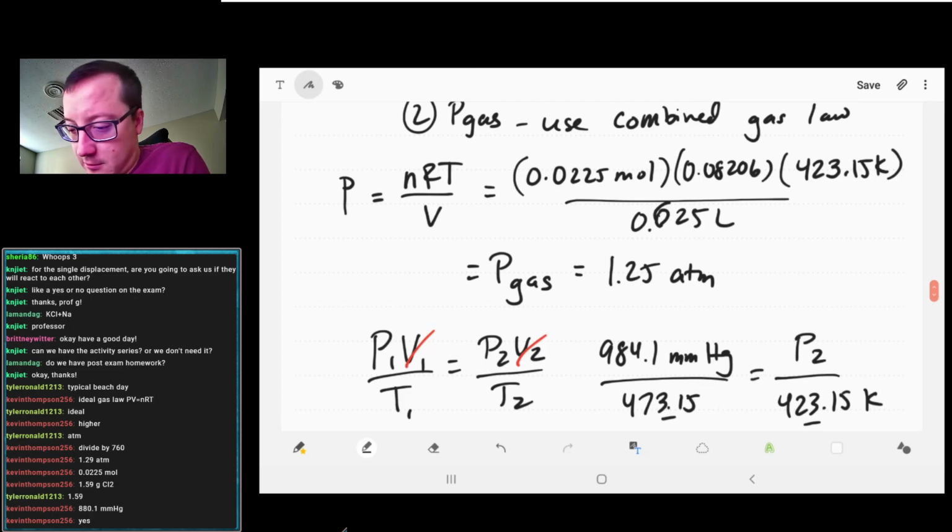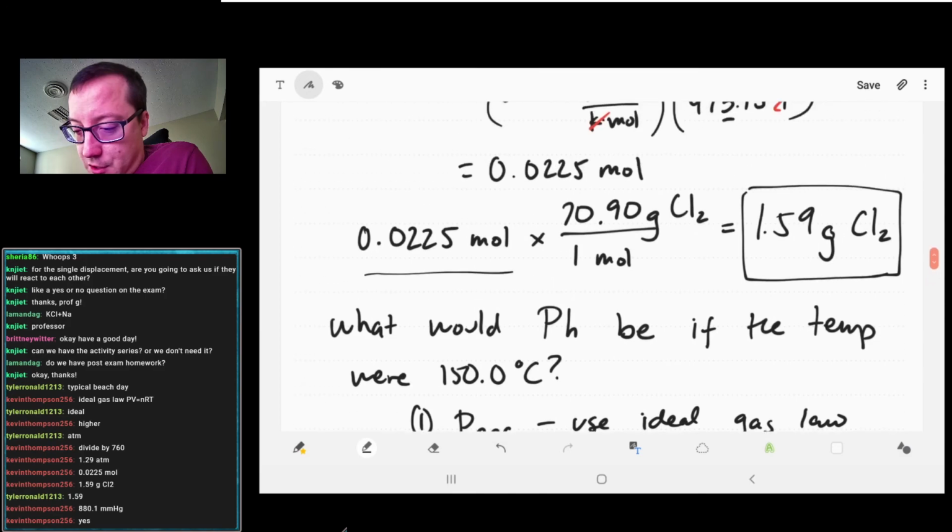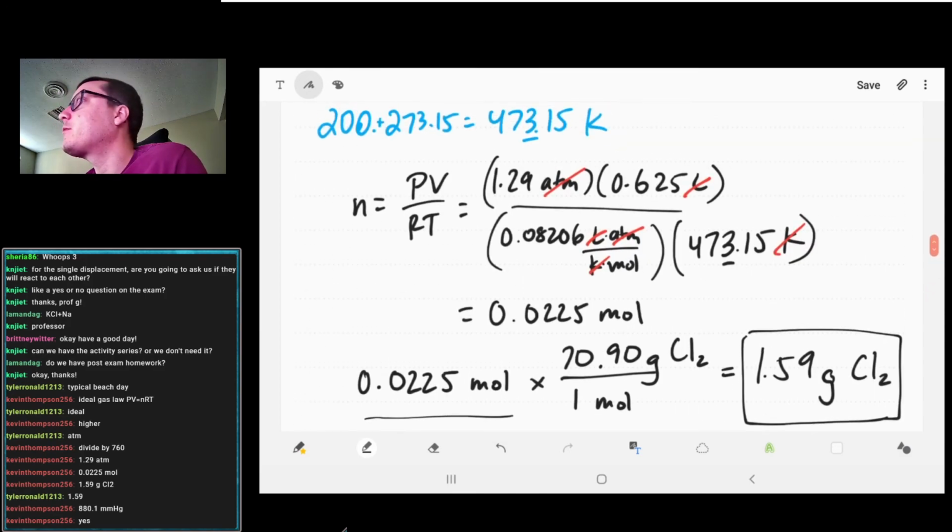So 0.0225 times 0.08206 times 423.15 divided by 0.625. Okay, I did get 1.25 there. So let's go check Kevin's work earlier. Just to be sure, 1.29 times 0.625 divided by 0.08206 divided by 473.15. Woohoo! I did get a different number, Kevin. I got 0.0207.